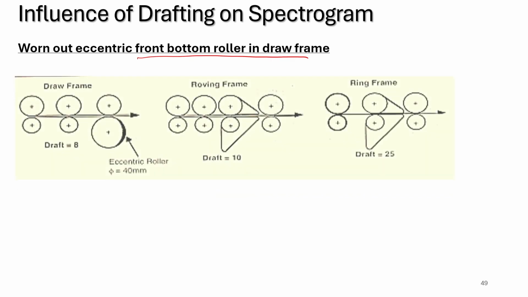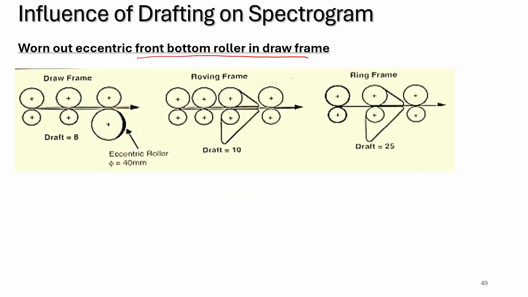Now, let us see what happens with a worn out eccentric front bottom roller in the drawframe. Here we have the eccentric front bottom roller in the drawframe, and it is creating a drafting wave of wavelength equal to the circumference of the front bottom roller.